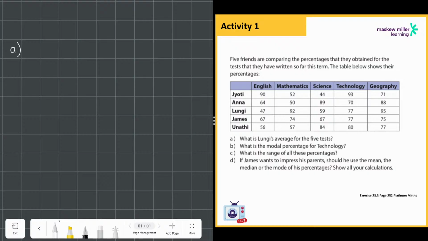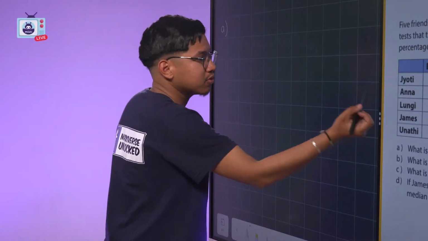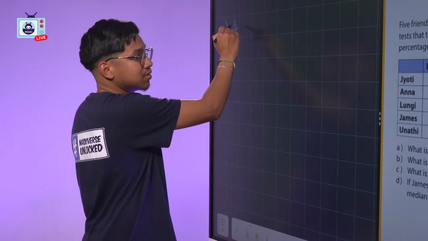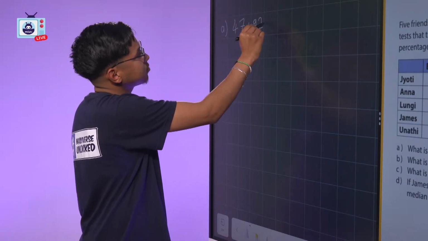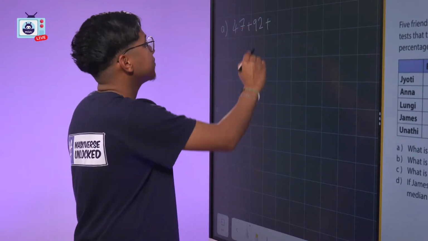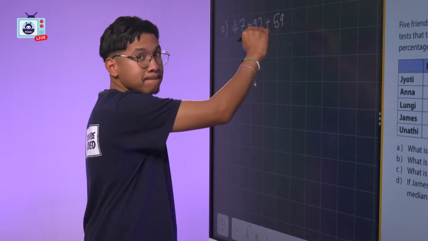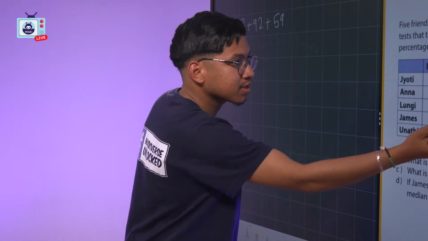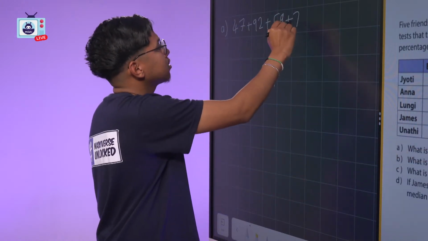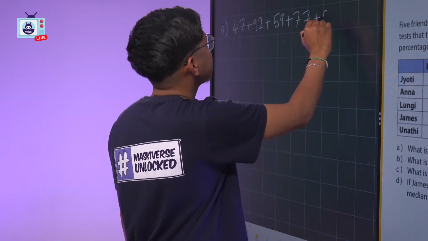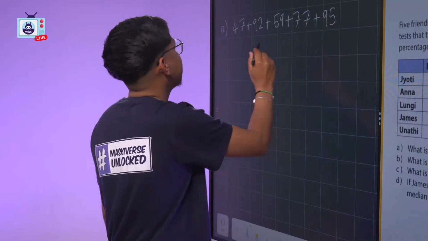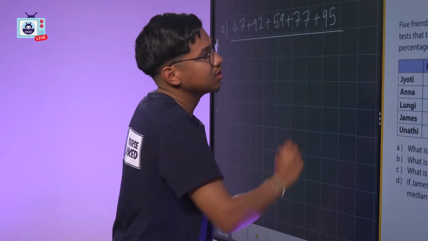So let us find Lungi's average. So I'm going to add everything together. So it is 47 plus 92 plus 59 plus 77 plus 95. And then we need to divide this by how many numbers there are.